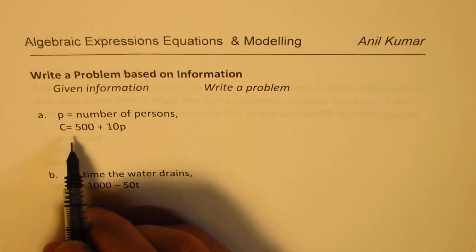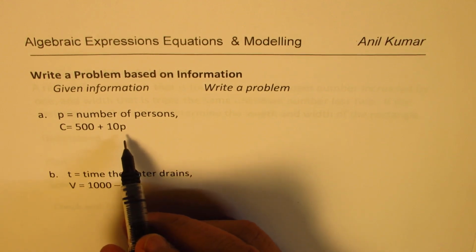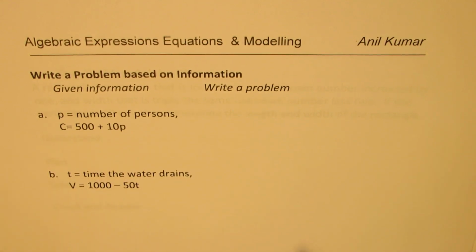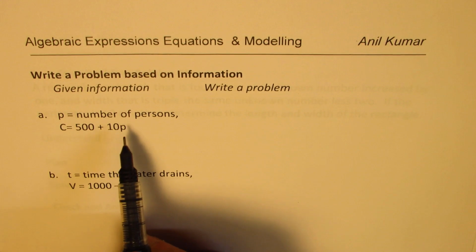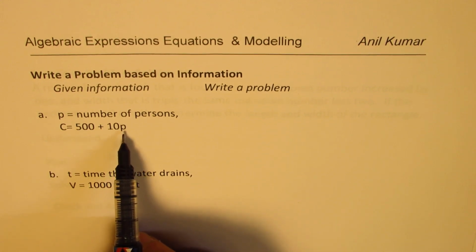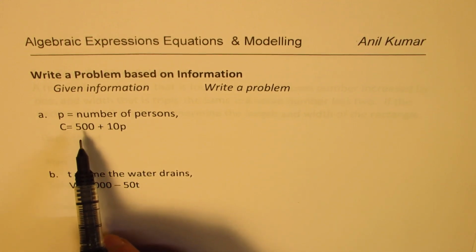So we can say the cost of, let's say we assume that the situation is that we have a banquet party, right? So the cost per person is $10 and 500 is a fixed cost, right?